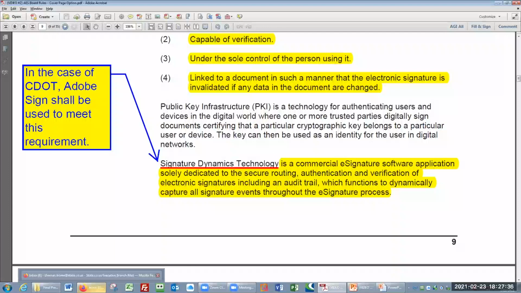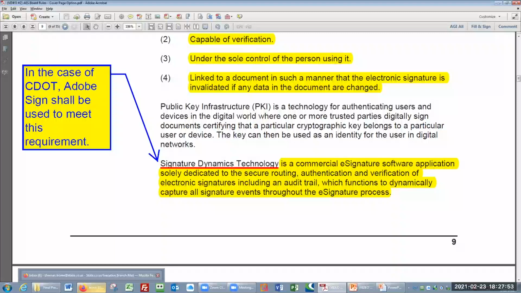So that's public key. Something that is not necessarily new, but not really as old as public key infrastructure, which I think was probably the first cryptography capability that came along: signature dynamics technology. What is that?